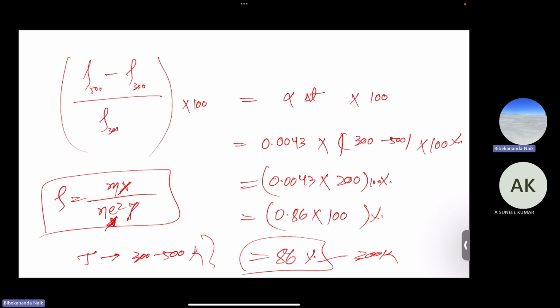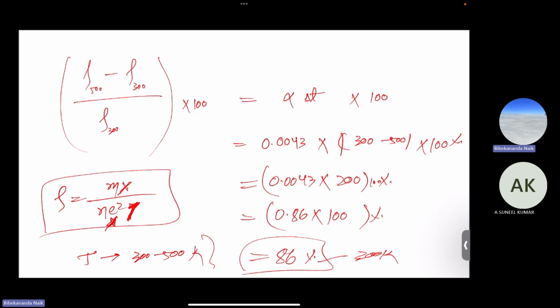The only change will be this tau, that is the relaxation time. Otherwise, we can call this tau the collision time for electron scattering. Whenever you start increasing the temperature, since there are a lot of electrons, they will collide more frequently. Since the collision frequency is increasing, this relaxation time will decrease, is it not?